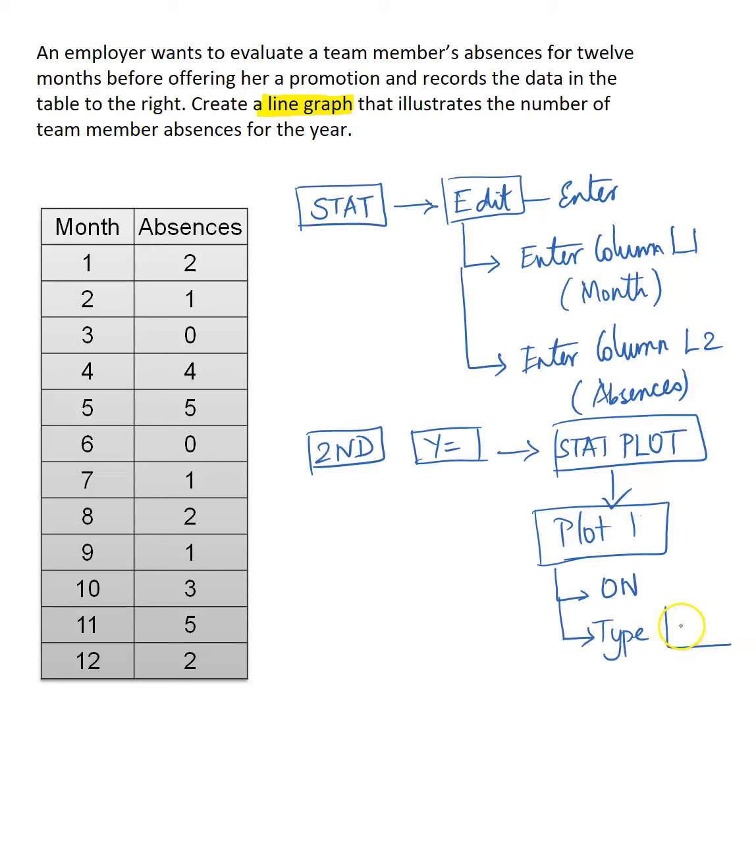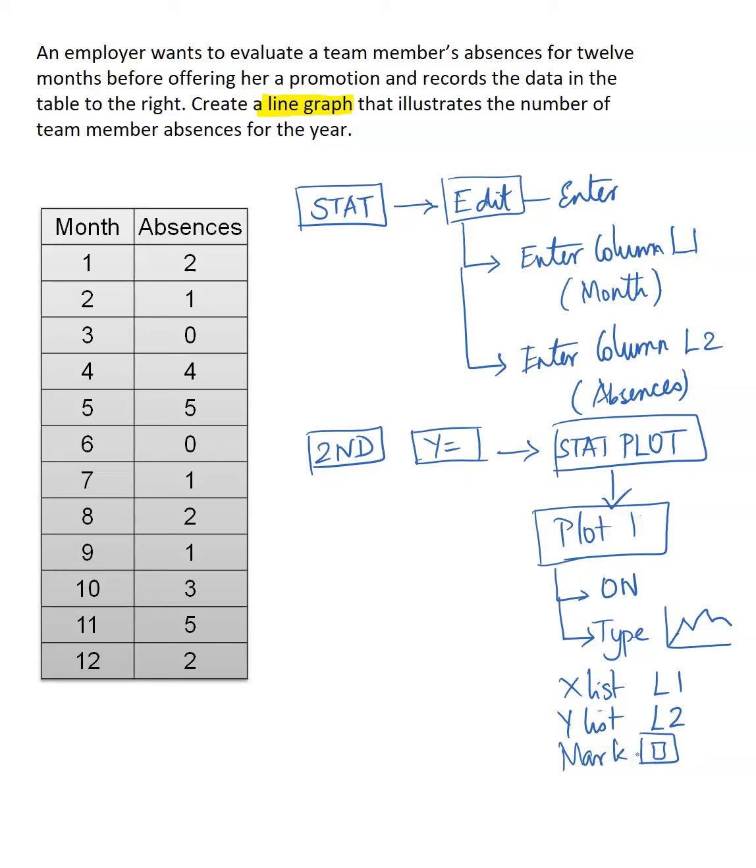That looks like that, right? The second one. In fact, you have the last one in the second row, the third one in the second row, that also looks somewhat like that, but no, just do this one. Okay. And then you have the X list, that should be L1, Y list should be L2, and then your mark, it's that square. That's it.